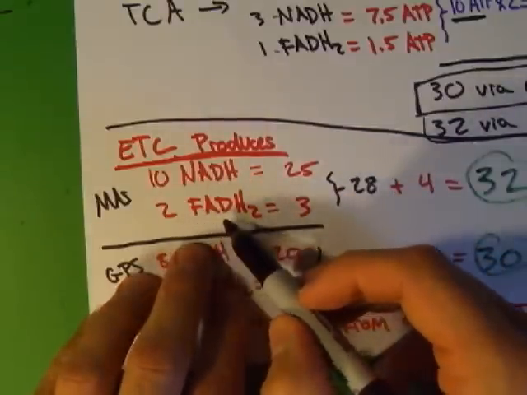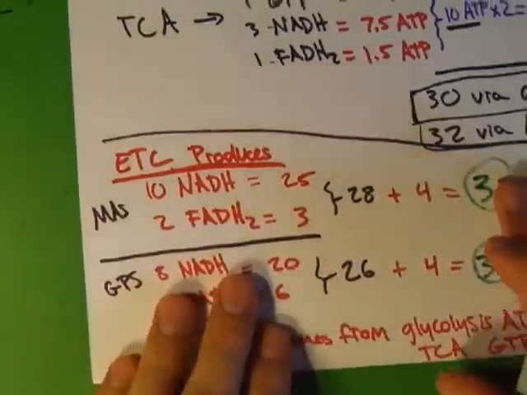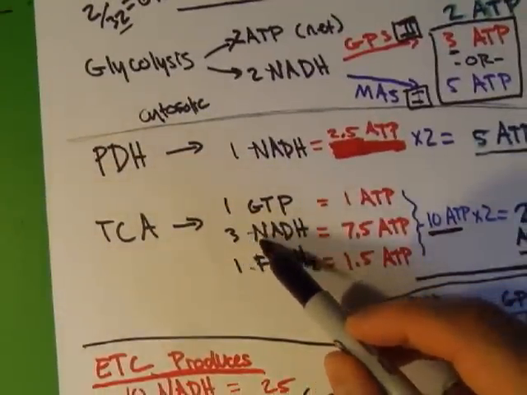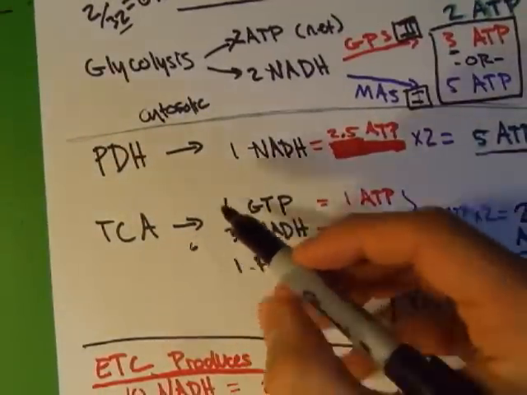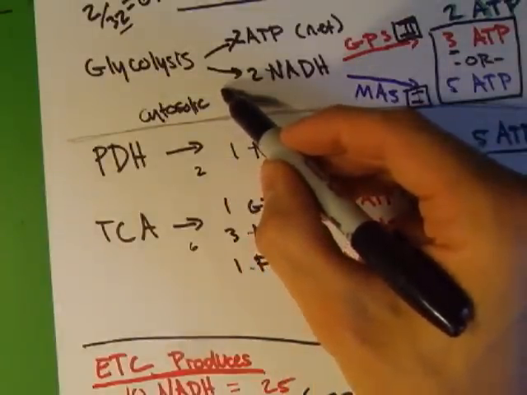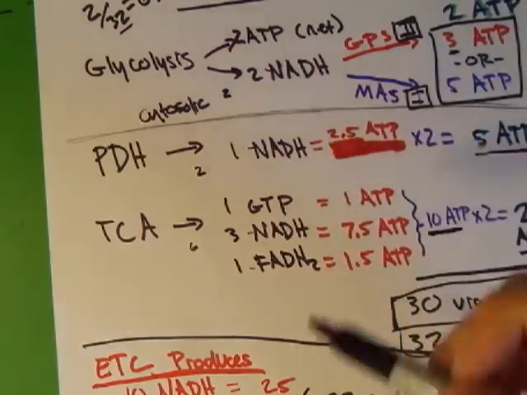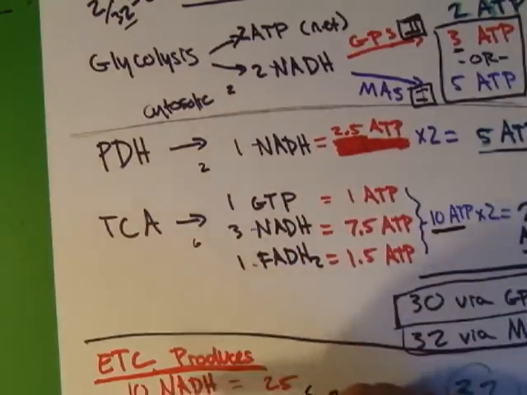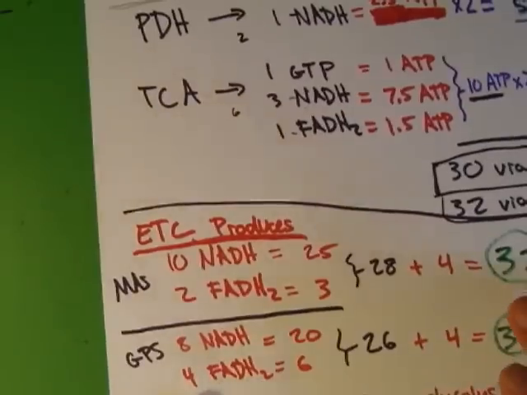And you'll have 2 FADH2s totaling 3 ATP. That 10 comes from 3 times 2, so you have 6 coming here, 2 here, and 2 here. 2 plus 2 plus 6 is the 10 NADHs.